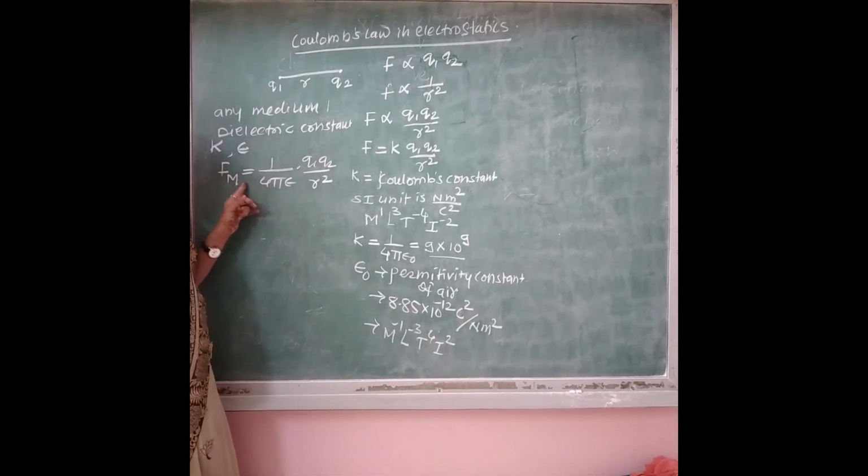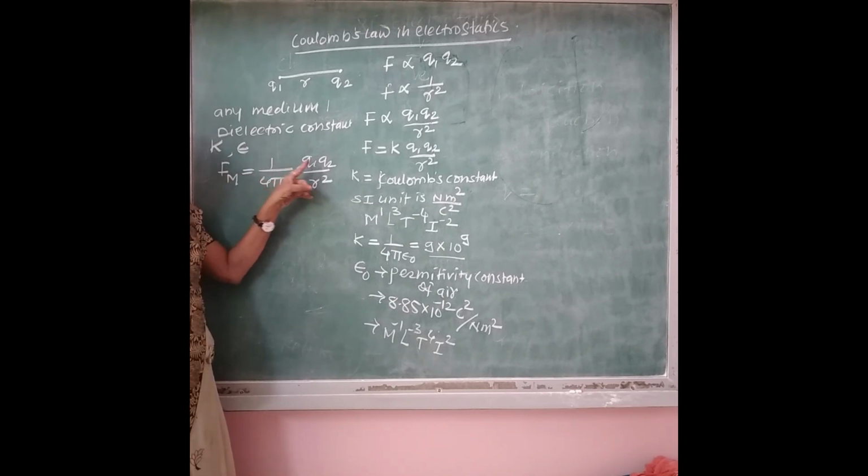The force between 2-point electric charges in any medium is given by Fm is equal to 1/4 pi epsilon Q1 Q2 divided by R square.